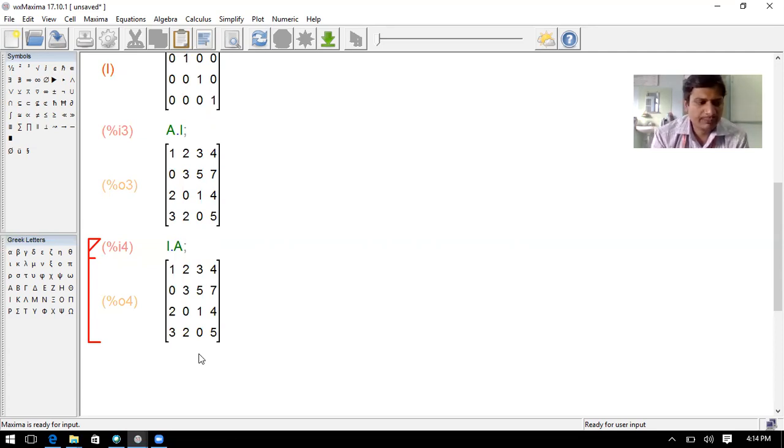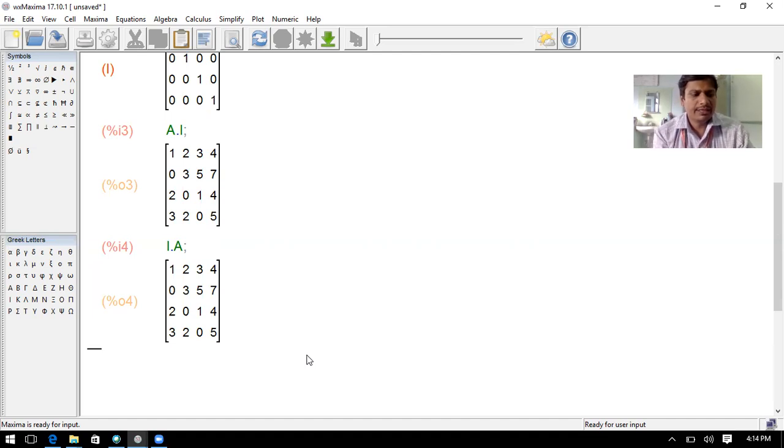Okay, next go to evaluate. Next question, that is evaluate A cube minus 4 into A square plus 2A minus 3I. You type first A is there, I is there.